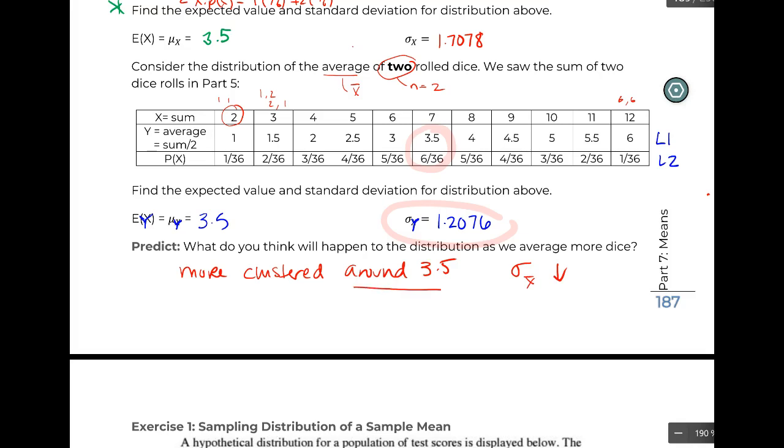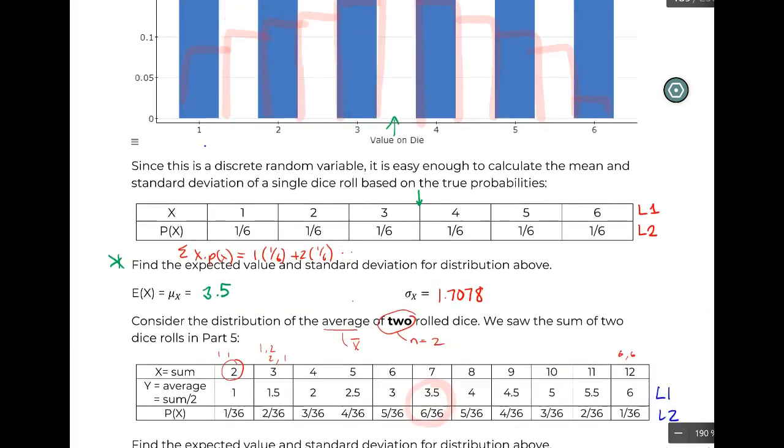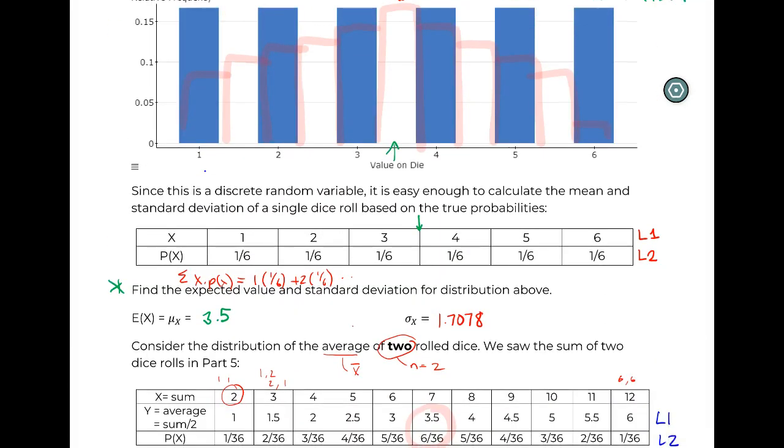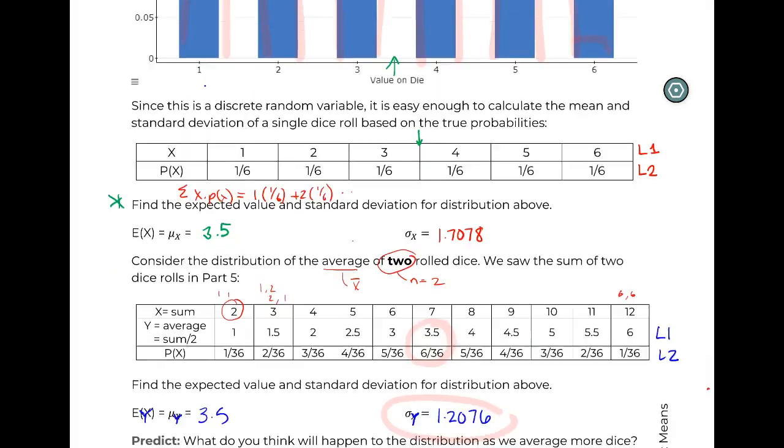And we'd still expect it centered around 3.5, since that's the average. You might even be starting to predict that this will become more normal. We're not seeing normality on the first one, because this thing looks like a pyramid. Maybe we'll start seeing true normality as things go on.